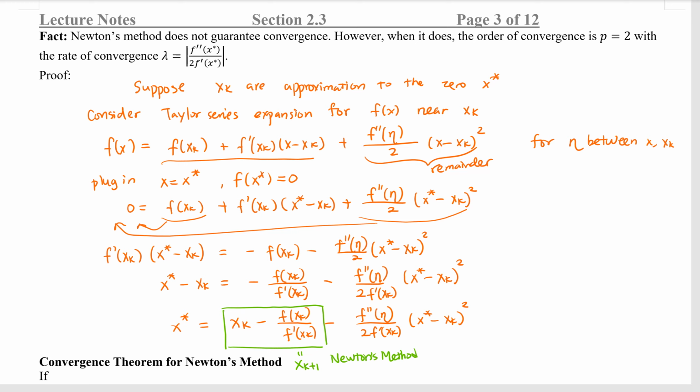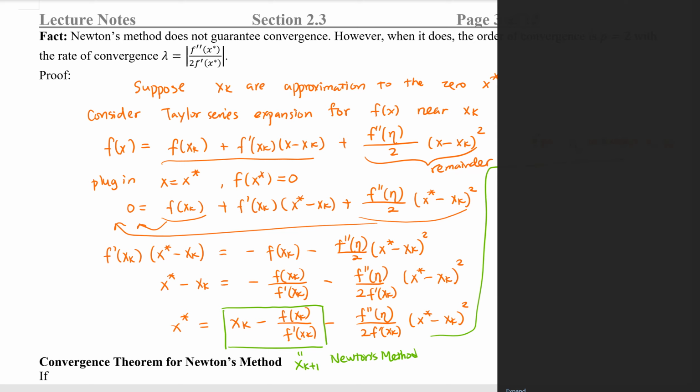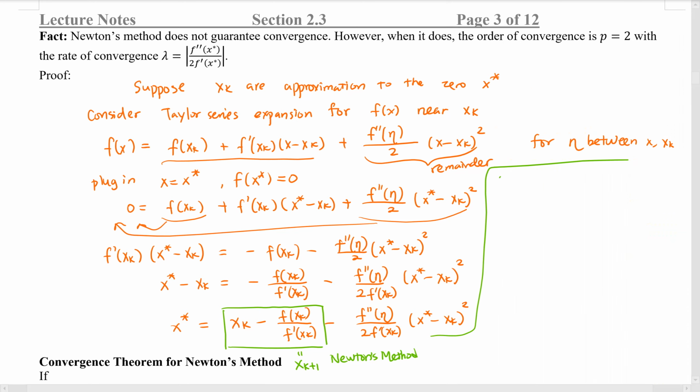So, what does that mean? It means that if I move this xk plus 1 to the left, oops, I pressed the wrong button. So if Newton's method converges, then we have xk plus 1 converge to x asterisk when k goes to infinity, right?